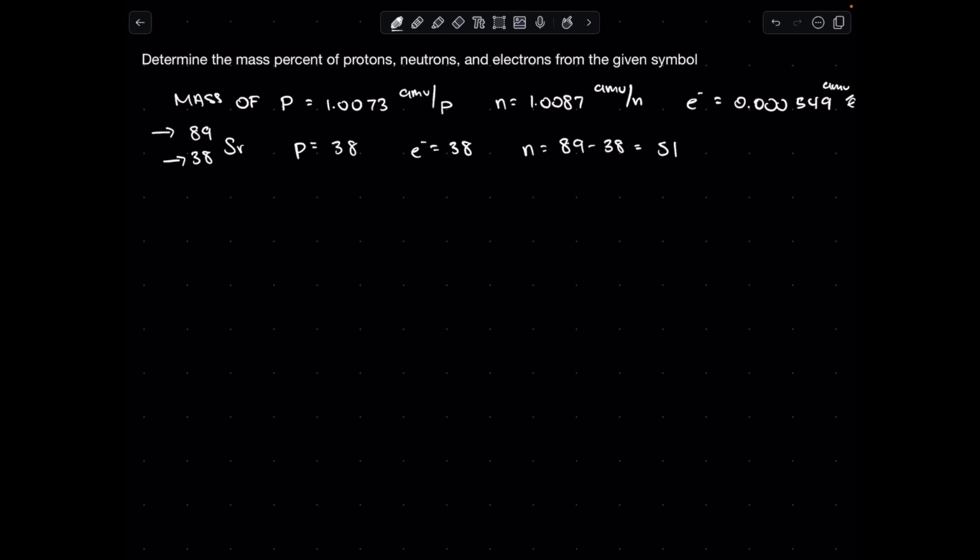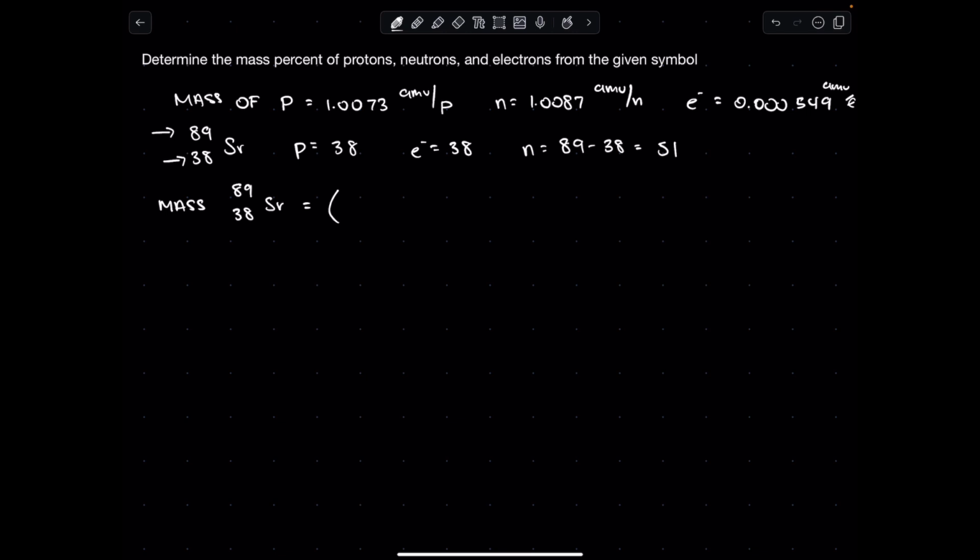Now that we have each of our atomic particles, the number of each, and their masses, we can start to deduce their mass percent. So first, we need to determine the mass of this symbol. So the mass of our 89/38 strontium is going to be equal to the following equation.